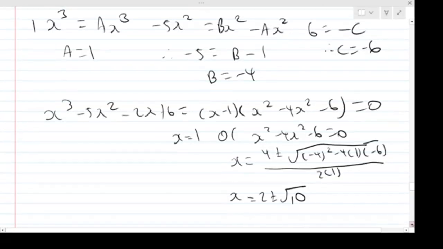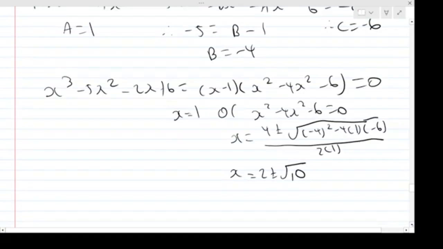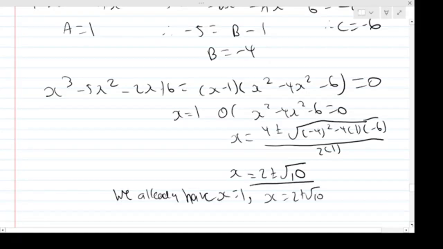So that means the other two. x is 1, right? We found that in part A. What's the other solution? So that means x is 2 plus root 10, or x is 2 minus root 10.